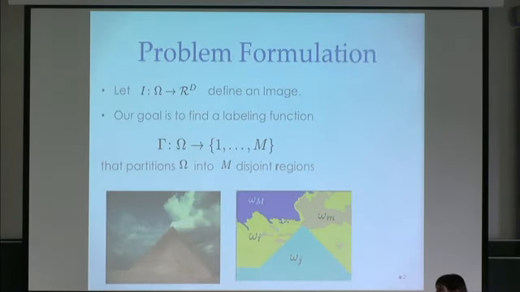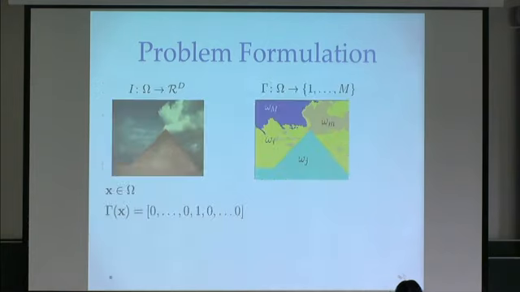So let us formulate the problem. We have an image defined on a domain. It can be 2D, 3D, 4D, whatever. We want to partition the image space into disjoint regions, and we could define a labeling function.